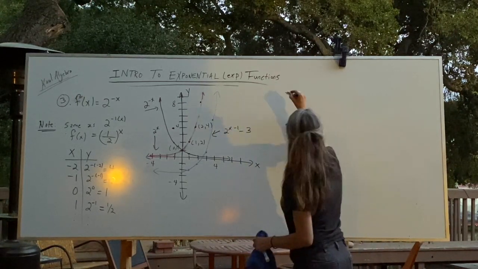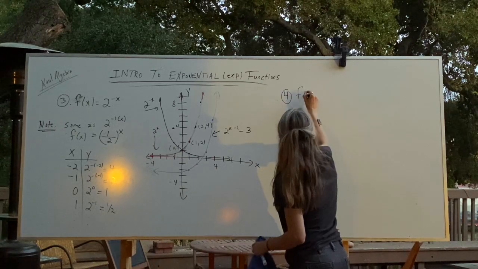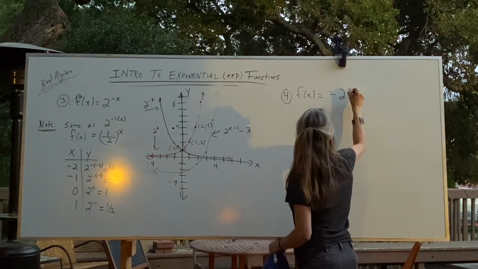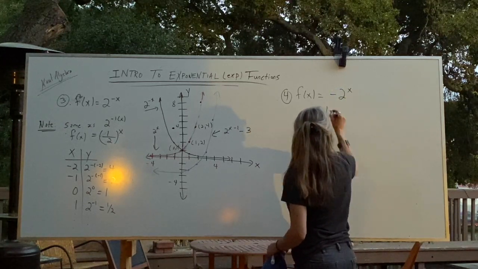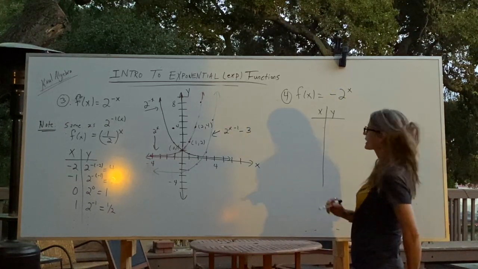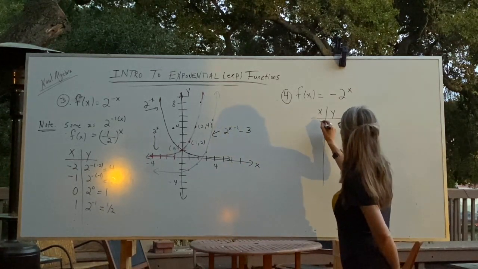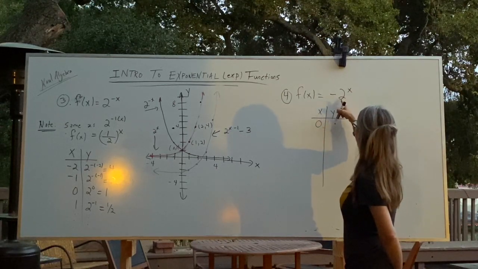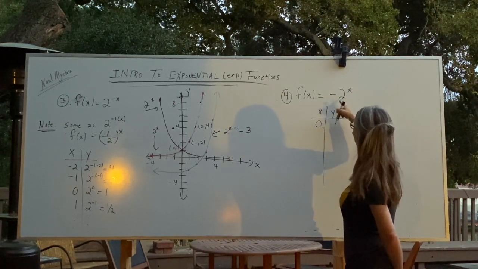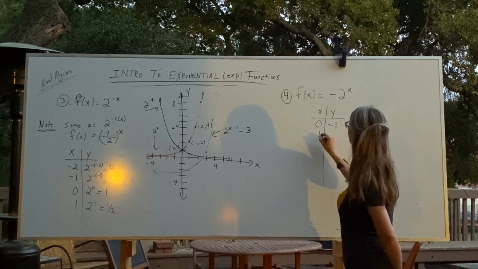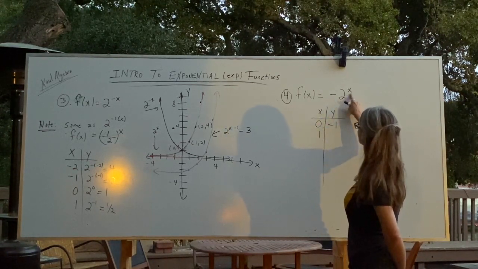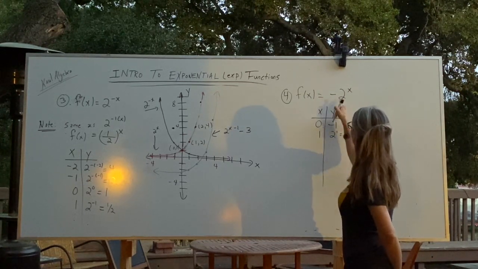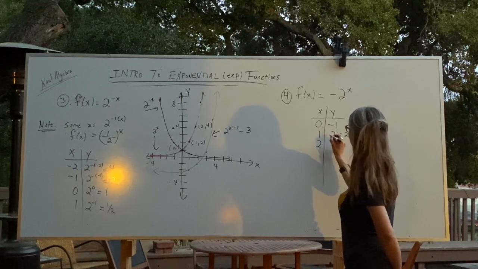Let's go ahead and take a look at f of x equals negative 2 to the x. So if we do an xy chart, I'll start with 0 for x. I have negative 2 to the 0 power. That becomes negative 1. If I choose 1, I get the opposite of 2 to the first power, which is negative 2.